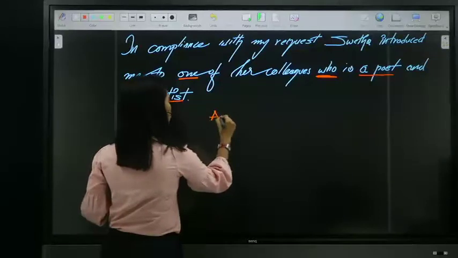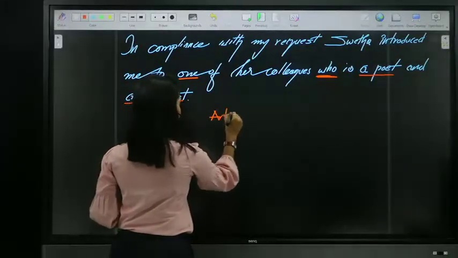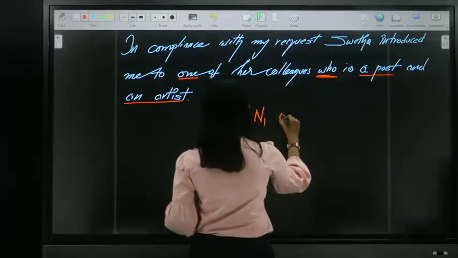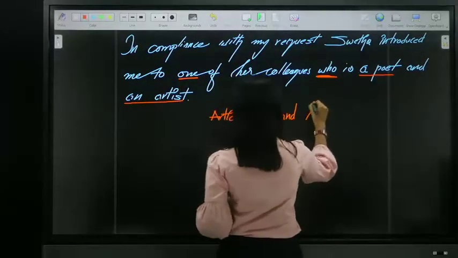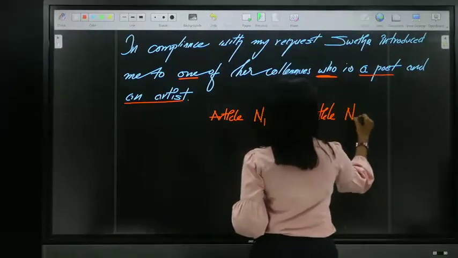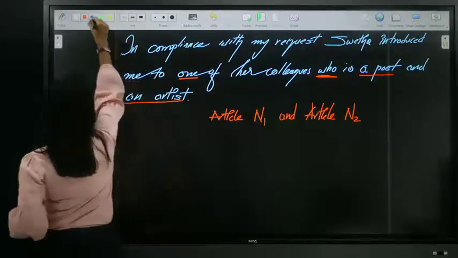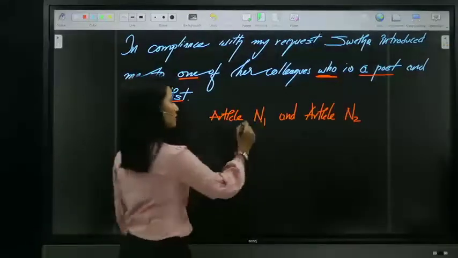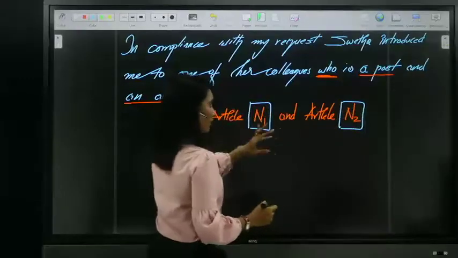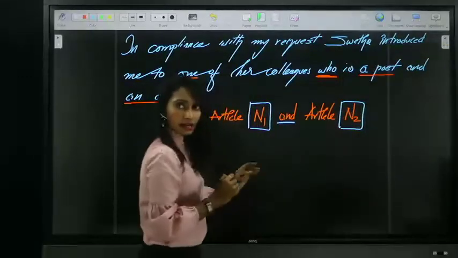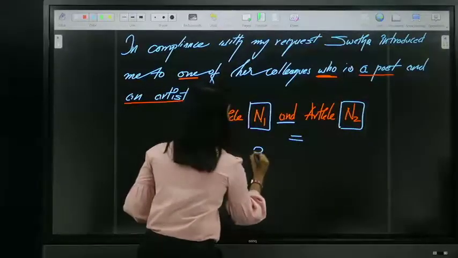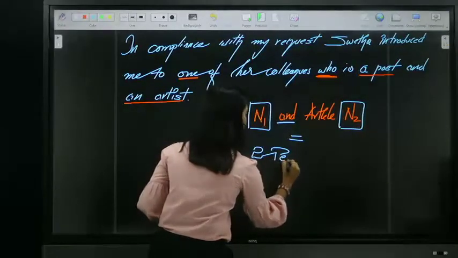If there are two different articles before two different nouns joined by and, noun 1, noun 2, then it means two persons.